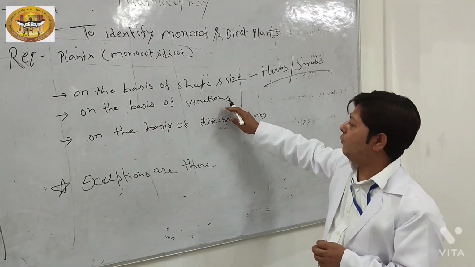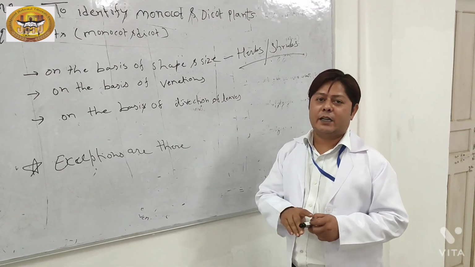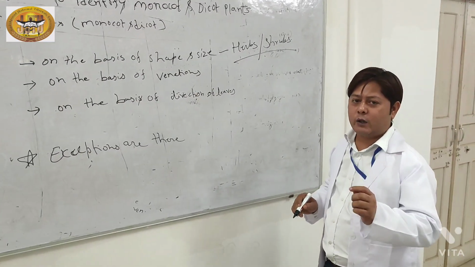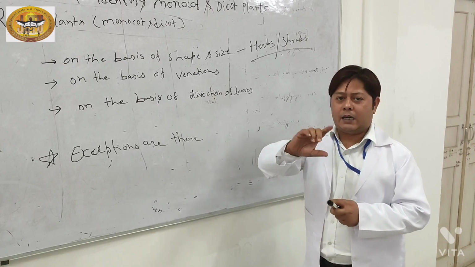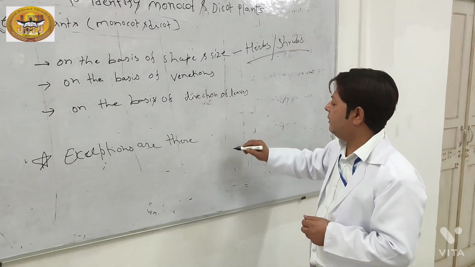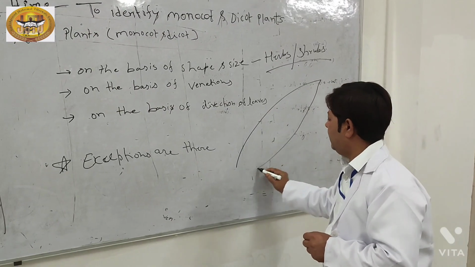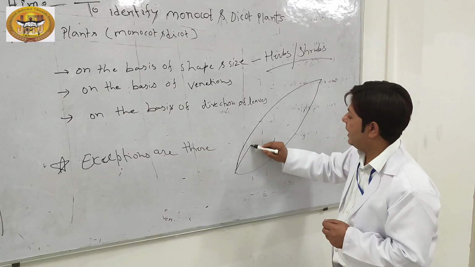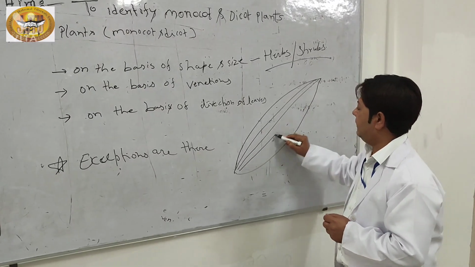On the basis of venation, if you look at leaves, there are different types of venation you can find, like in grass or in banana leaf. Let's say one plant has this type of leaf, with venations of this type.